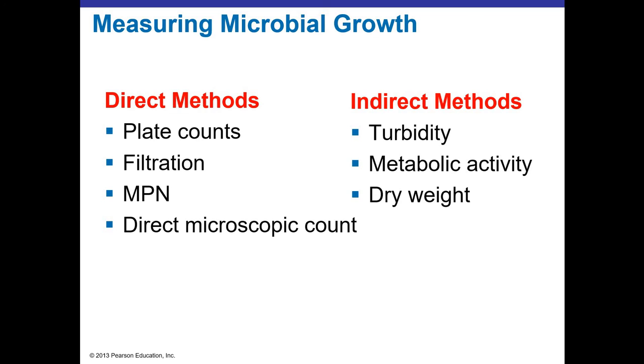Indirect methods are turbidity in a spec, metabolic activity using enzyme activity, dry weight, literally measuring the mass when we dry the bacteria on filter paper or something. Those are all indirect. They allow us comparisons, but not absolute numbers.